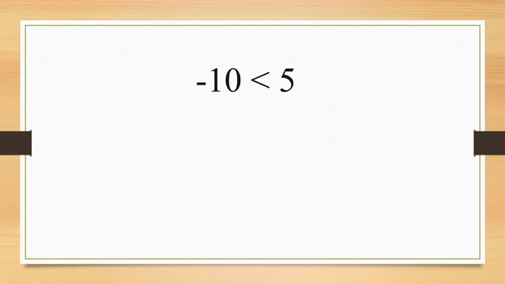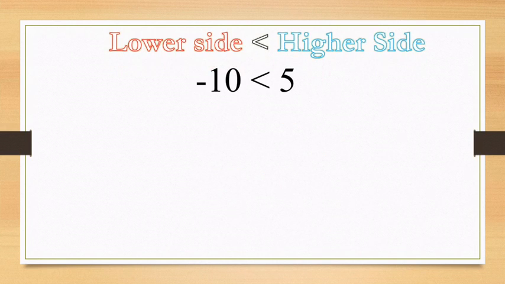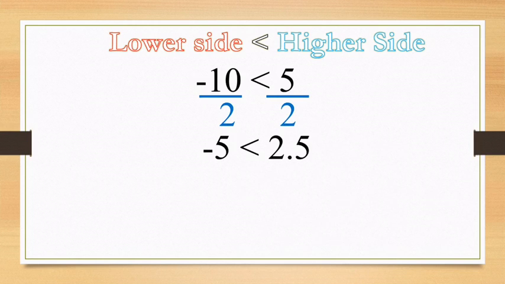Let's take a look at multiplying and dividing. Same thing, I'll start with -10 < 5. Again, the lower side is less than the higher side. If I divide by 2, -10 divided by 2 is -5, and 5 divided by 2 is 2.5. And -5 is less than 2.5, which is a true statement.